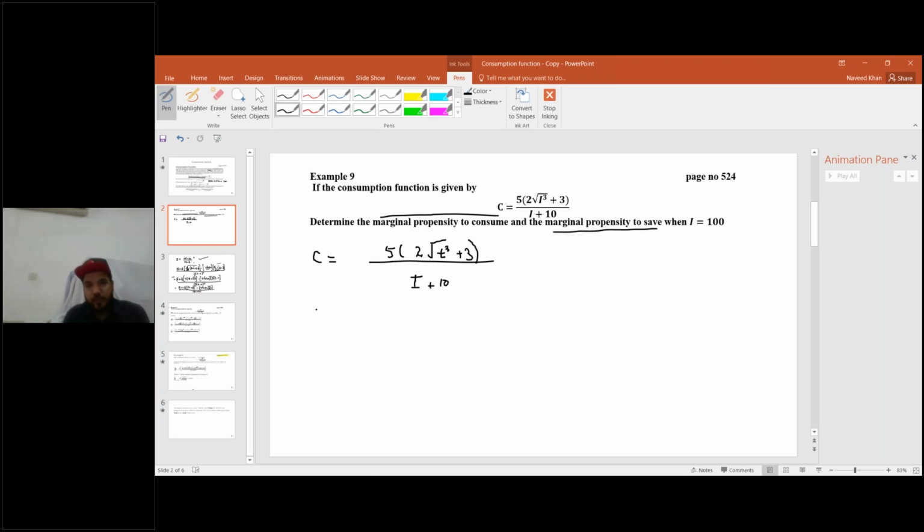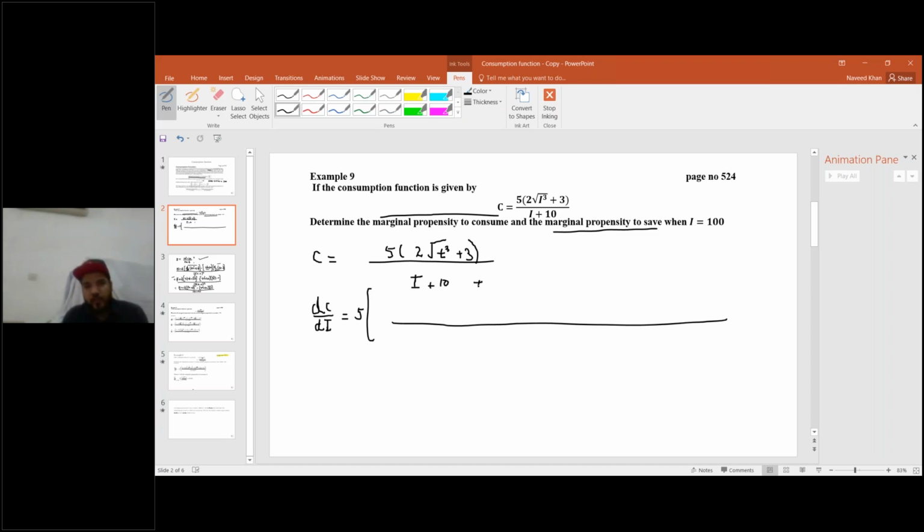So we will take its derivative. Here it will become dC by dI is equal to 5, which is a coefficient, so it goes outside. Now we take the derivative.